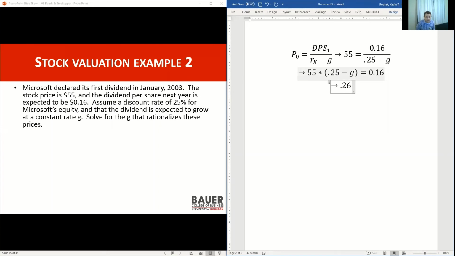So I'm going to divide both sides by 55. Almost there. Now I need to get rid of this 0.25. So I'm going to subtract 0.25 from both sides.